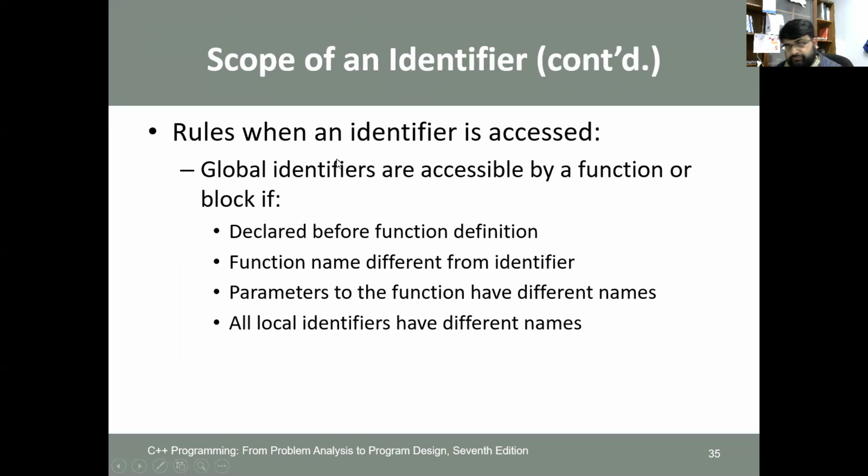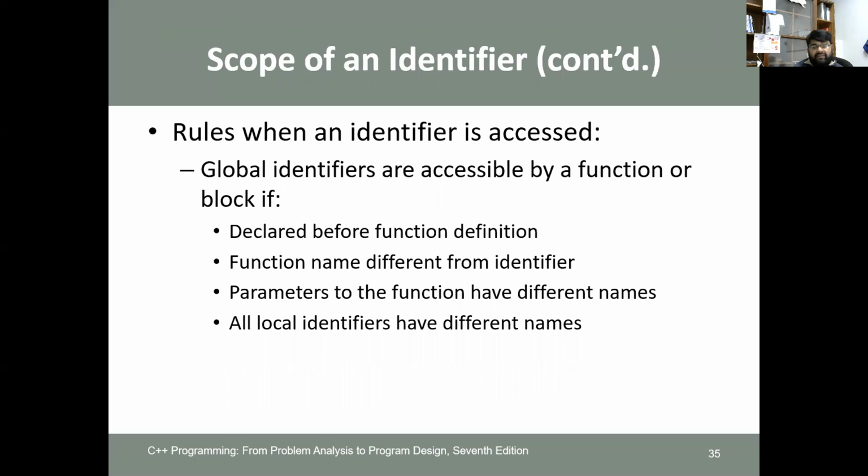Whenever you want to access an identifier, there are certain rules that are followed. For example, global identifiers are accessible by a function or block if they're declared before the function definition. The function name has to be different from the identifier name, so you can't have the same name for a function as well as an identifier.